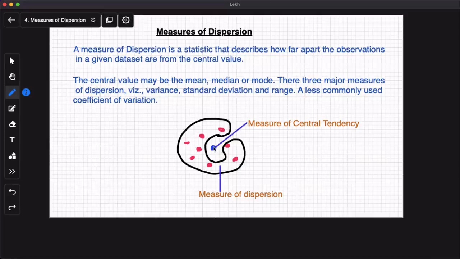For the variance, the standard deviation, as well as the coefficient of variation, you need a measure of central tendency. If you want to obtain any of these three, you need it. Nonetheless, the range does not need that. You just need the maximum and the minimum to obtain your range.